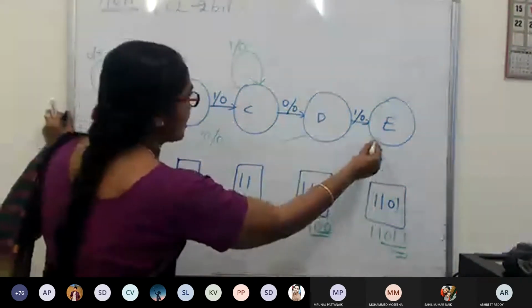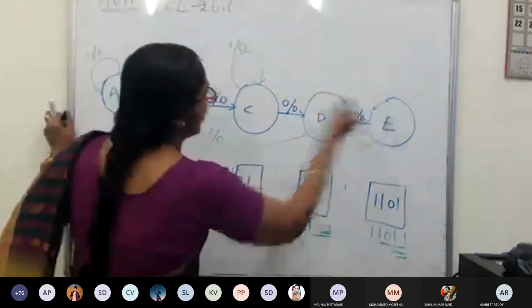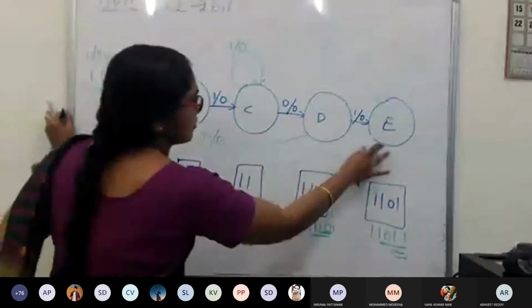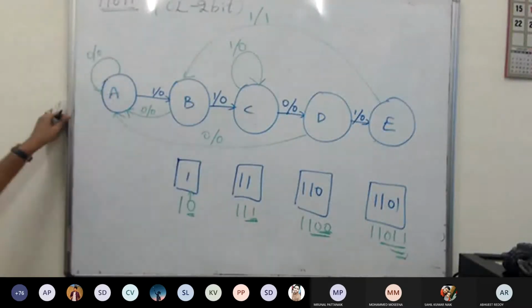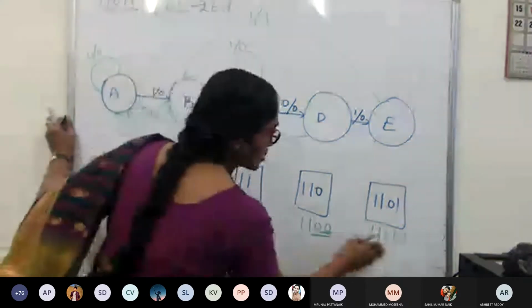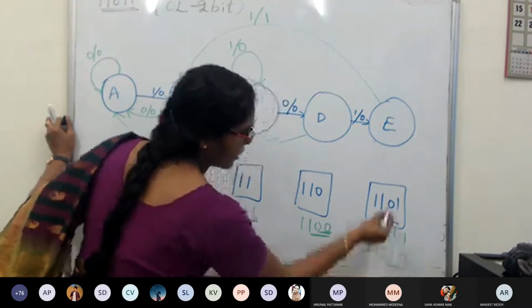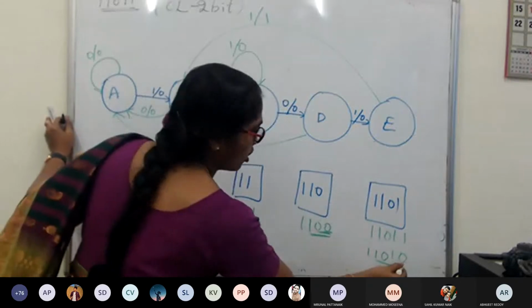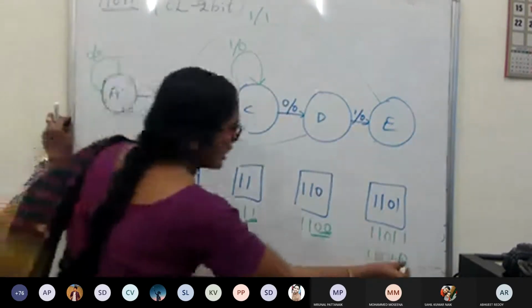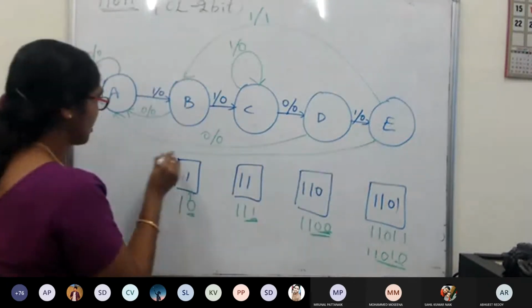So your option is from this one. 1 comes, it is our sequence, output is 1. If 0 comes, 4-bit match, no. 3-bit match, no. 2-bit, no match. Single bit, no match. Go to the reset option.